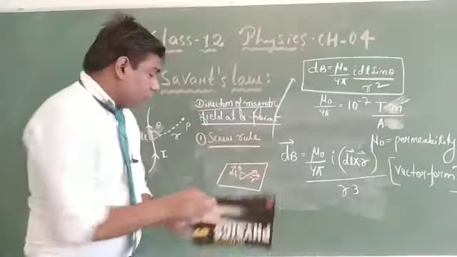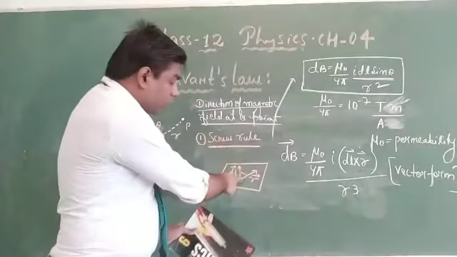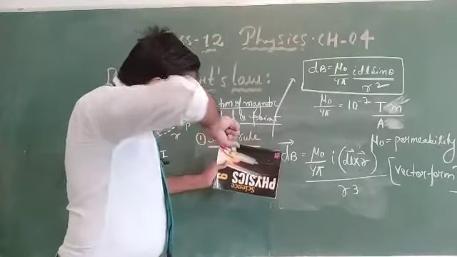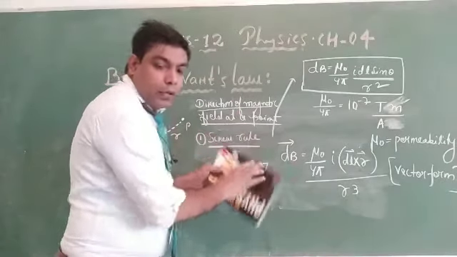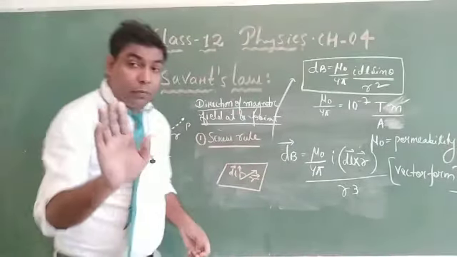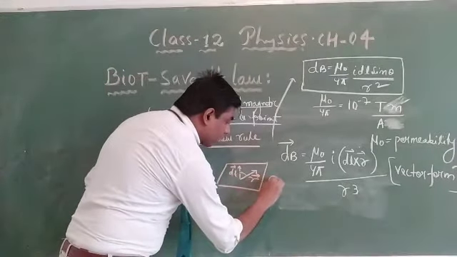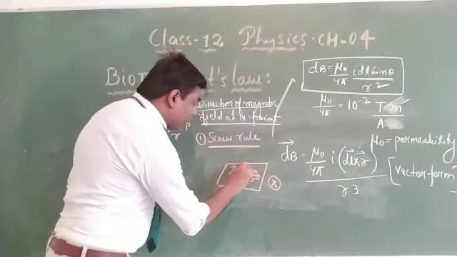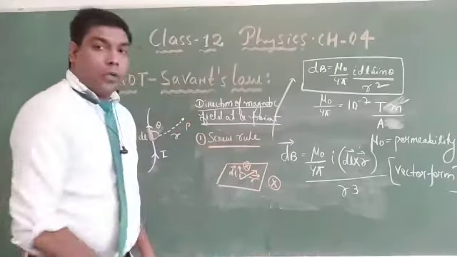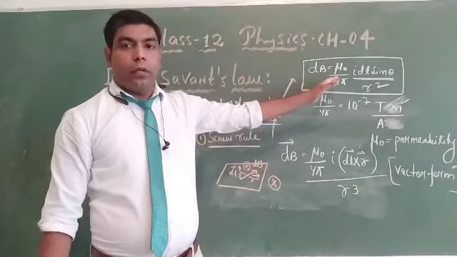For example, if this was your copy, when you rotate according to this situation, the screw will try to go inside this book, that is the plane of the paper. When the magnetic field is directed inward, we use a cross sign. This will be the direction of the magnetic field, and it will be given by this formula, right?